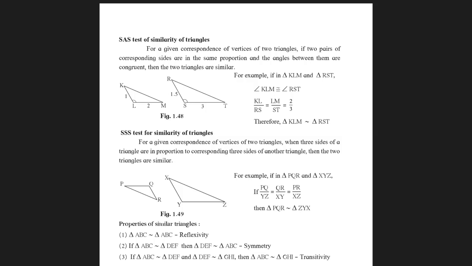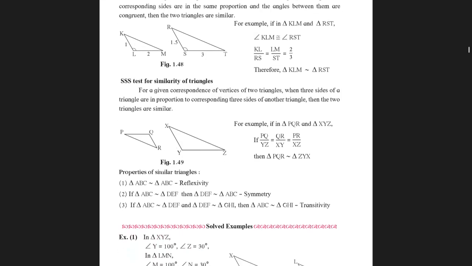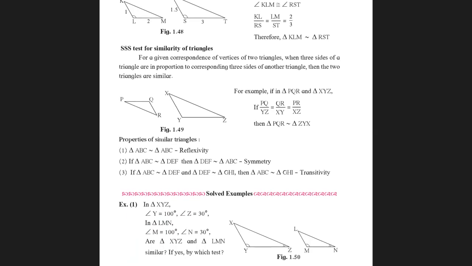Next, we have the next test for similarity of triangles, that's SSS test. Now, here again, we have another two sets of triangles, PQR and XYZ. For a given correspondence of vertices of two triangles, when three sides of a triangle are in proportion to corresponding three sides of another triangle, then the two triangles are similar.